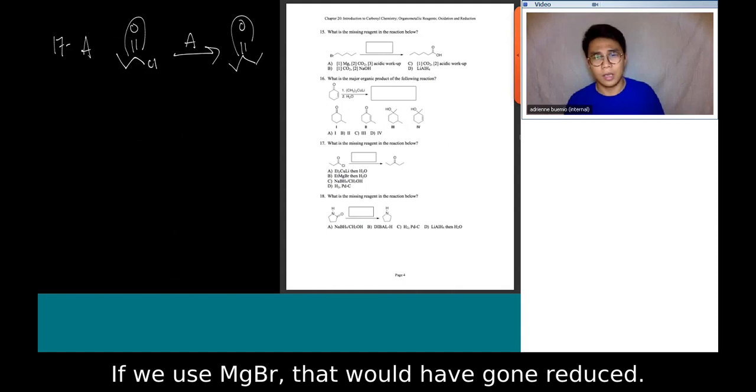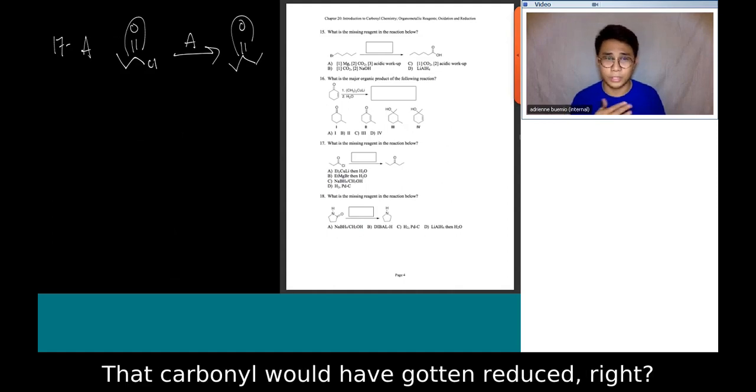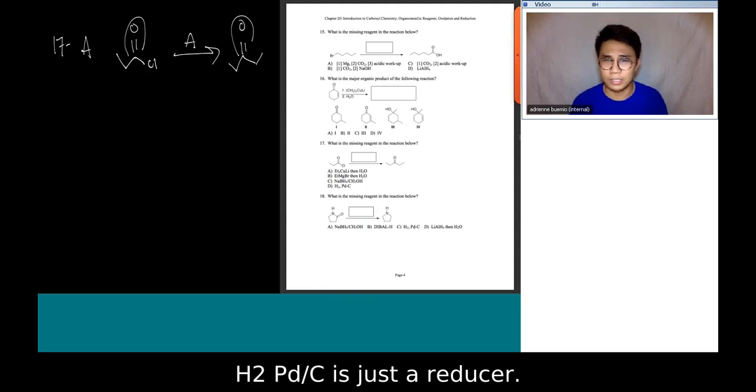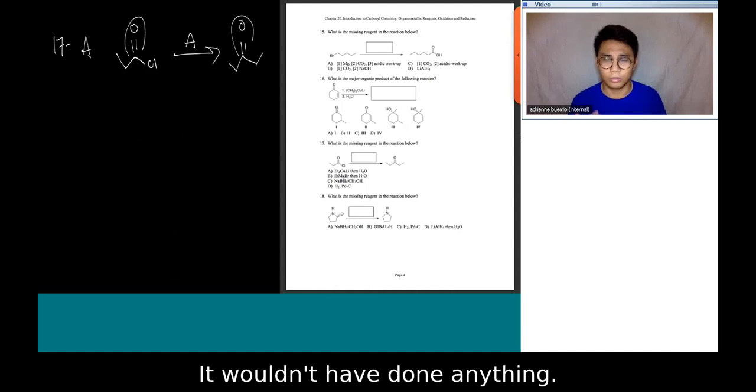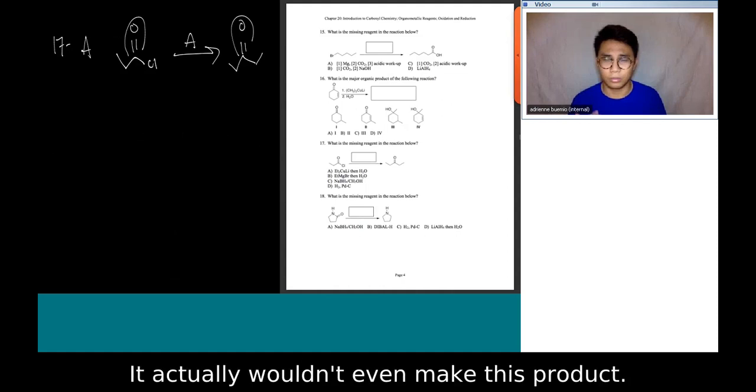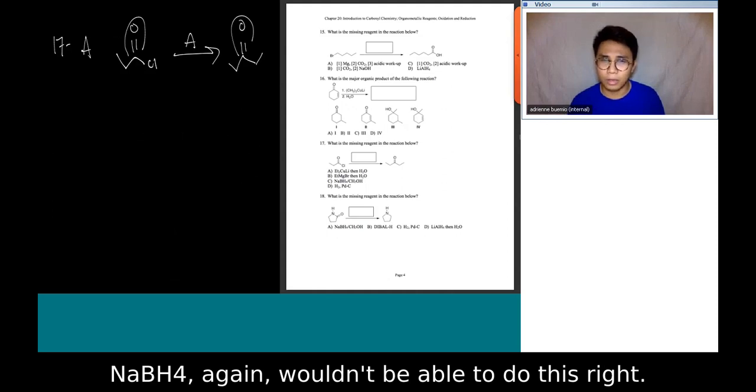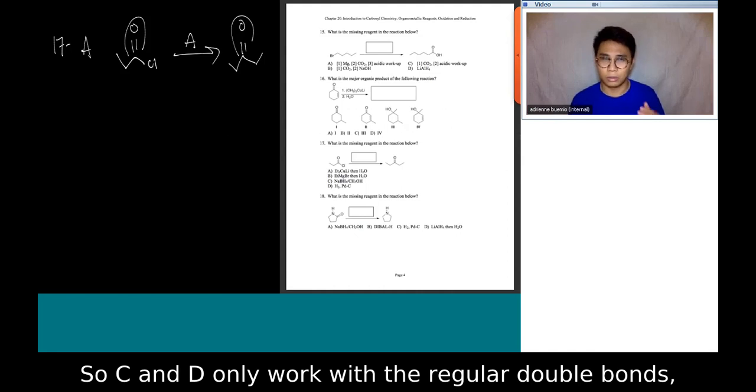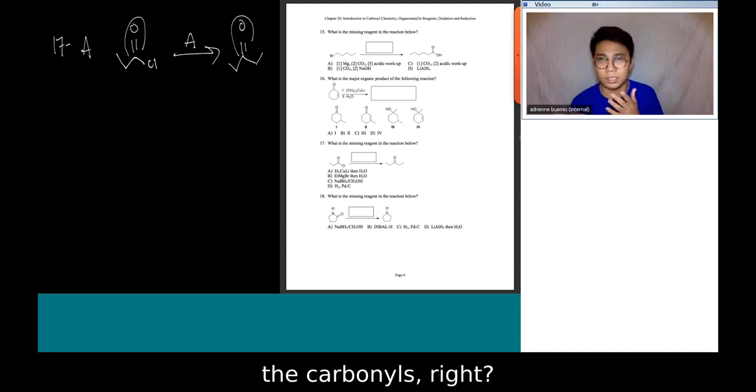If we used MgBr, the carbonyl would have gotten reduced, right? H2/Pd/C is just a reducer. It wouldn't have done anything. It actually wouldn't even make this product. NaBH4, again, wouldn't be able to do this, right? So C and D only work with regular double bonds like carbonyls, right? So things like that.